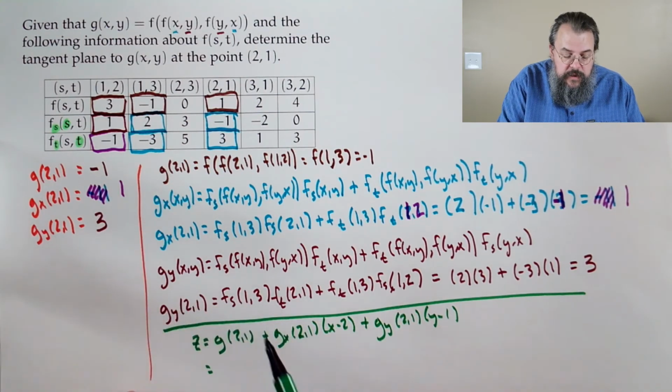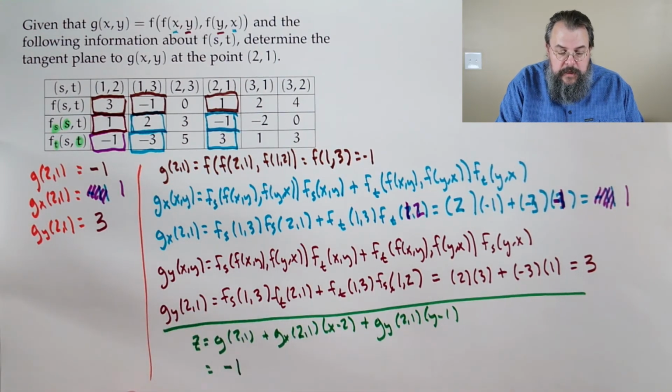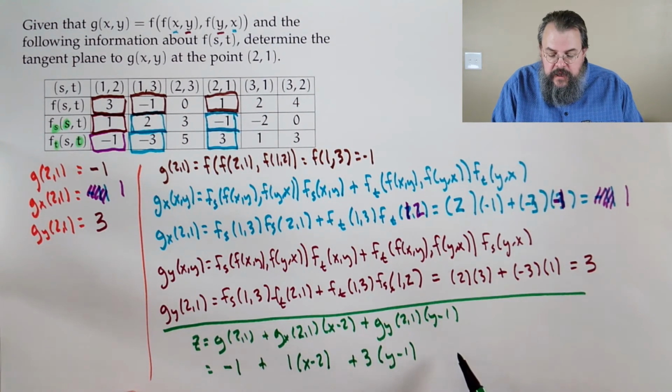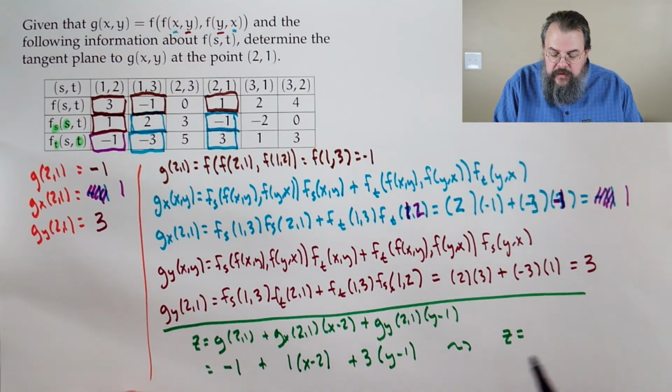Our function at 2, 1 is negative 1, plus g sub x at 2, 1 is 1 times x minus 2, and then g sub y at 2, 1 is 3 times y minus 1. So if you clean that up, we get z equals x plus 3y.